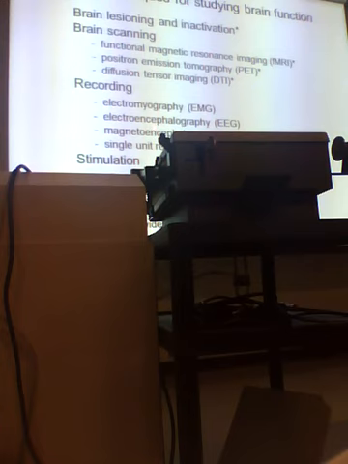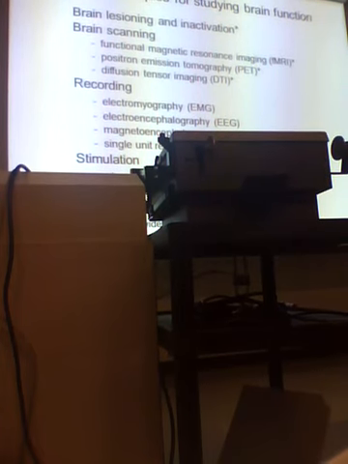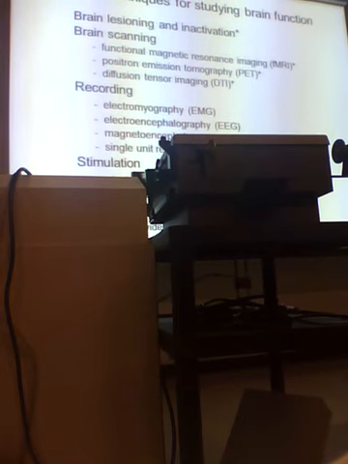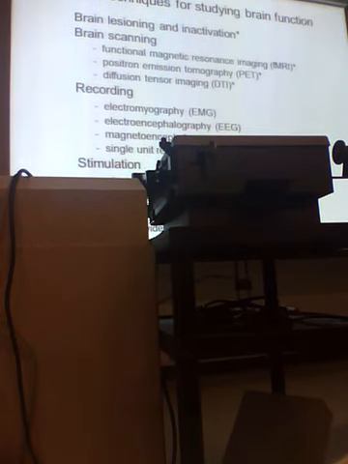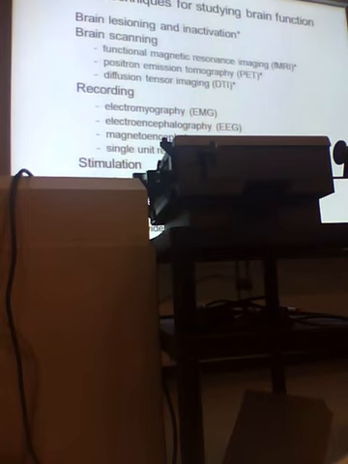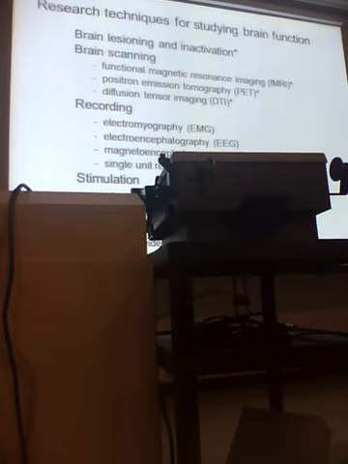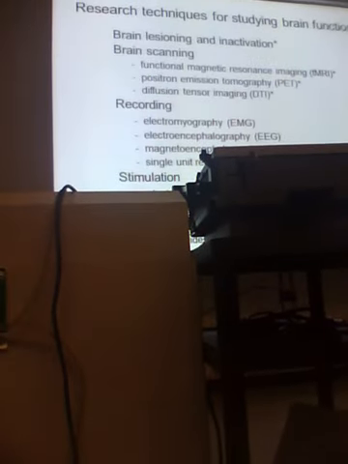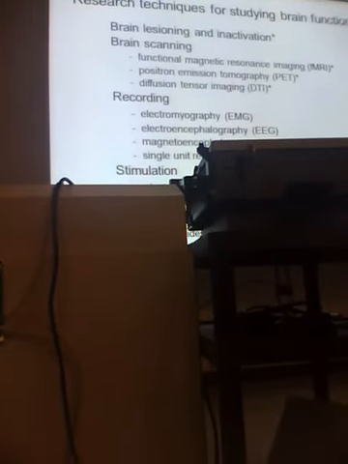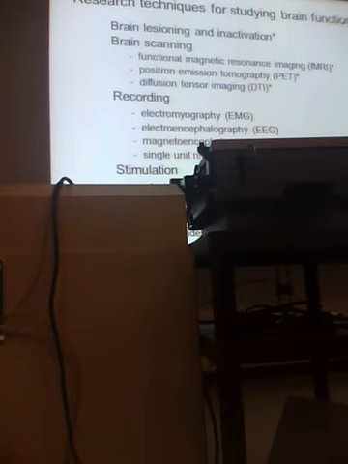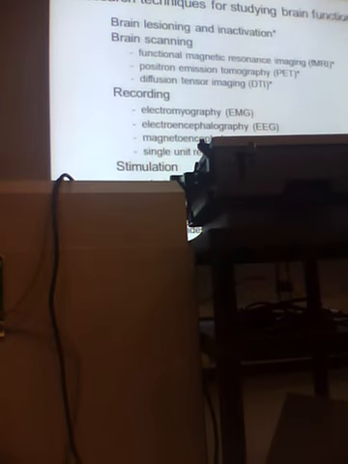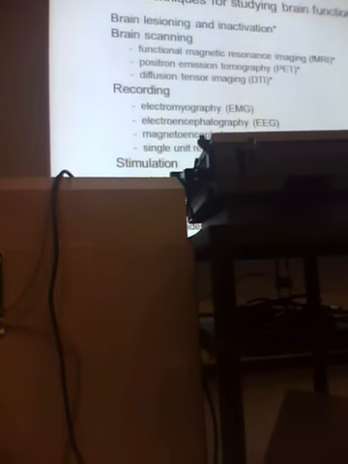And then there are recording techniques, the two that I've already mentioned, and there's a couple of other ones that are specialised for research. Magnetoencephalography, this is measuring very tiny magnetic fields in the brain. And the piece of equipment that does that is enormously expensive, and as far as I know, there's only two in Canada that can do that. But it again gives you very important information about how the brain works. And another very powerful technique in basic neuroscience is to use single unit recording.